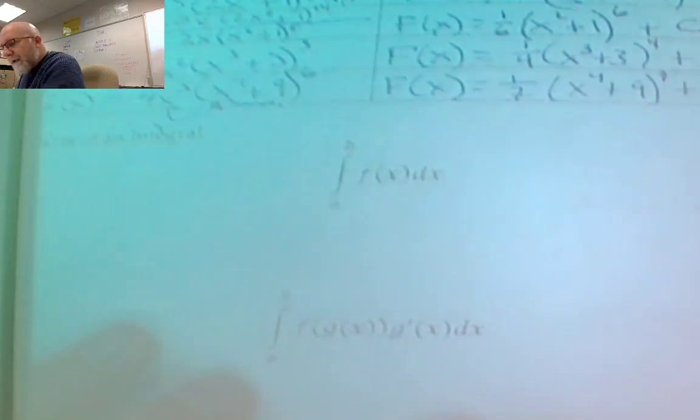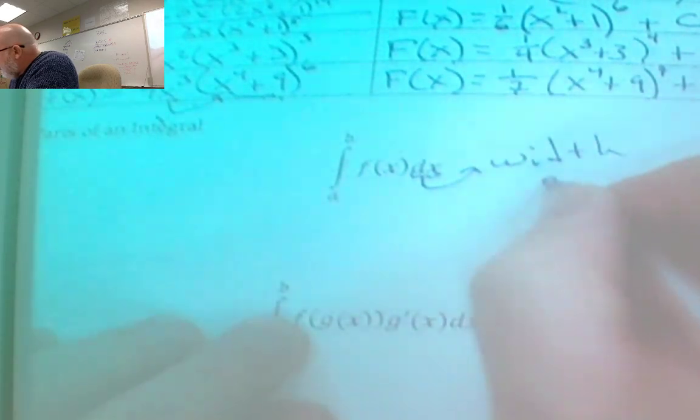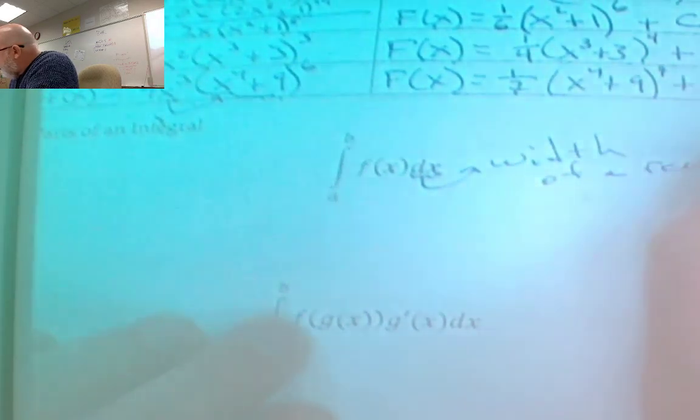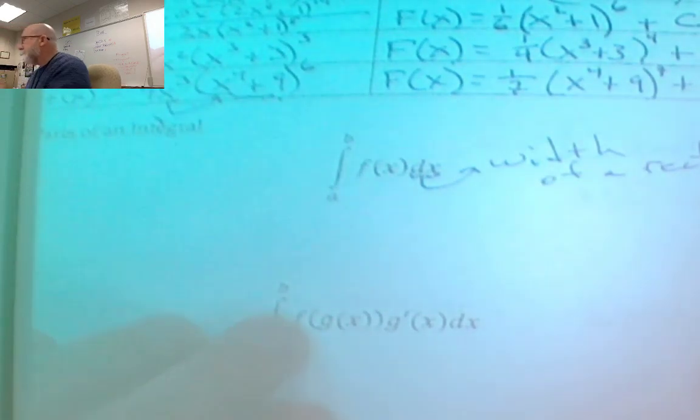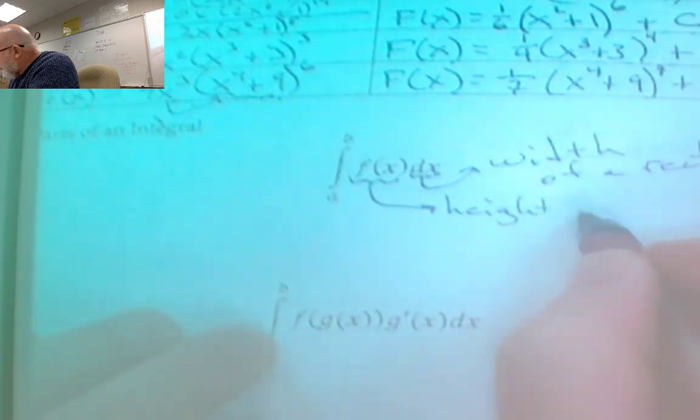Alrighty. Parts of an integral, I need to go through some things. First of all, this little doodad right here, the dx, is a width of a rectangle. This f of x is the height of a rectangle.